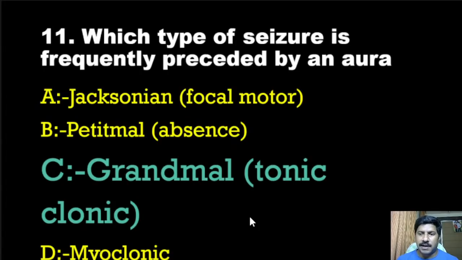Before that, you need to understand what is a generalized seizure and what is a focal seizure. Seizures are divided into two types: focal seizures and generalized seizures. In focal seizures, the abnormal electrical activity is happening in some specified part of the brain.